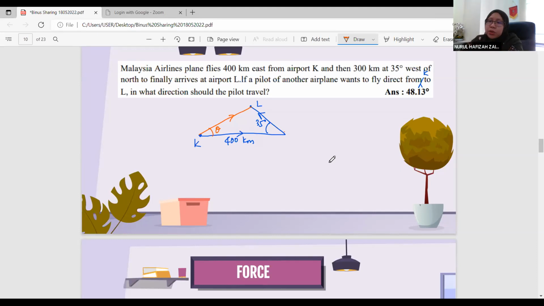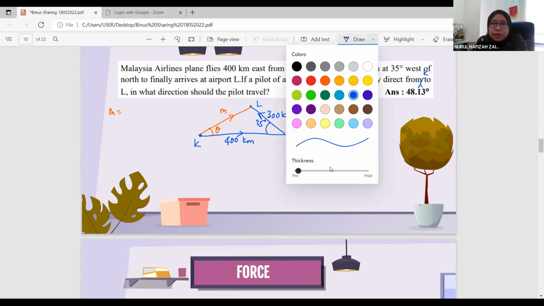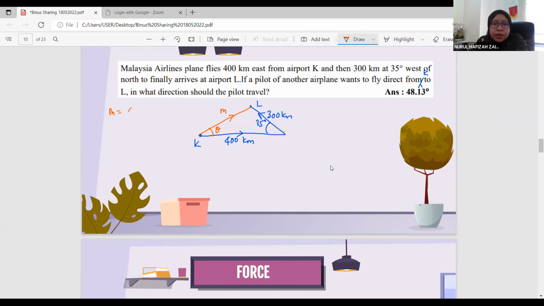There are a few techniques, but if we want to use the basic knowledge we have learned in vector, maybe we can use the cosine rule and sine rule. If we want to use the cosine rule, we want to find m. This is 300.